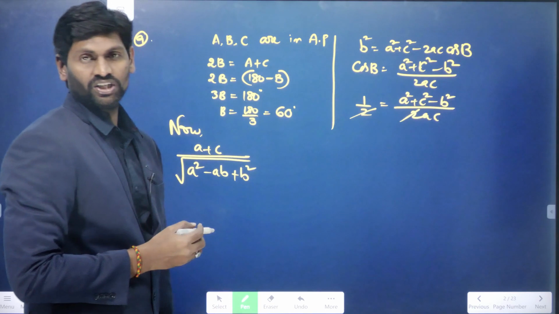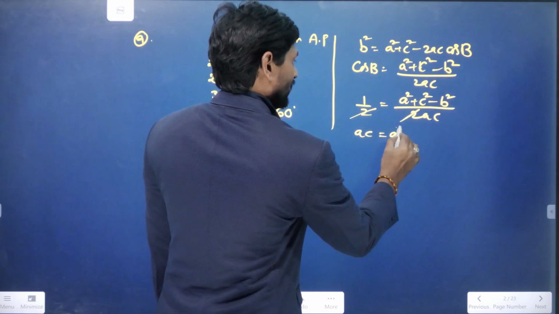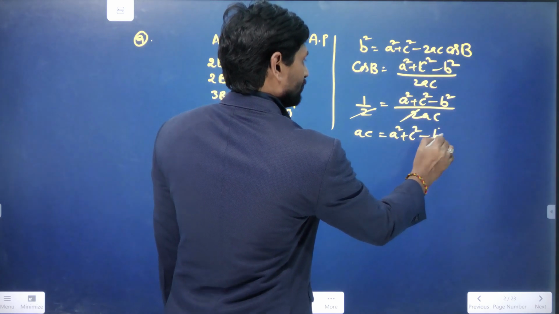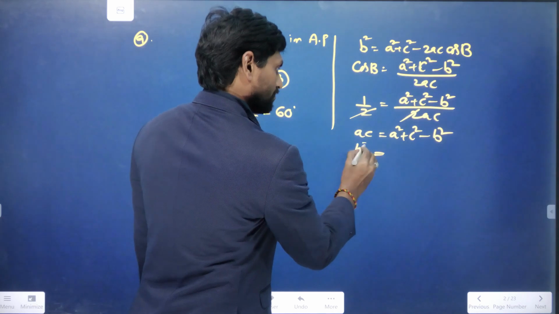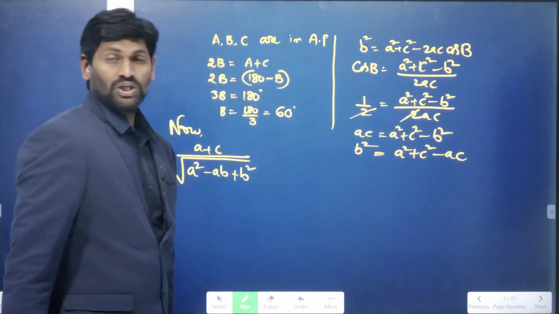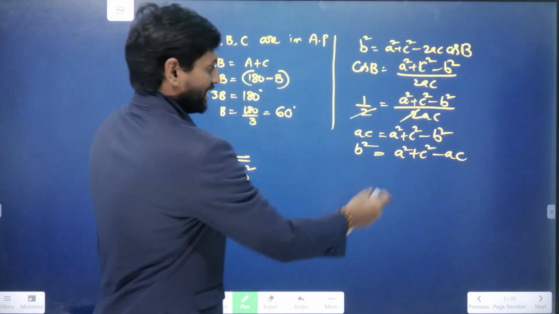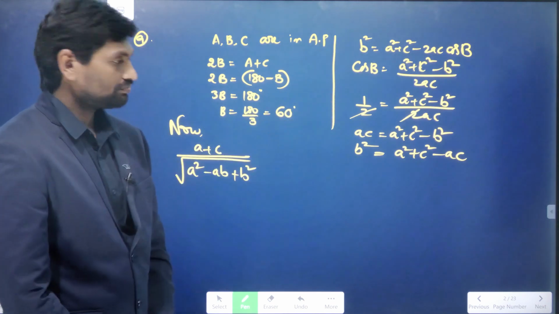Denominator 2 cancels both sides, and ac equals a square plus c square minus b square. Transposing minus b square to this side becomes plus b square, and it will be a square plus c square minus ac. So b square value is a square plus c square minus ac by cosine rule.